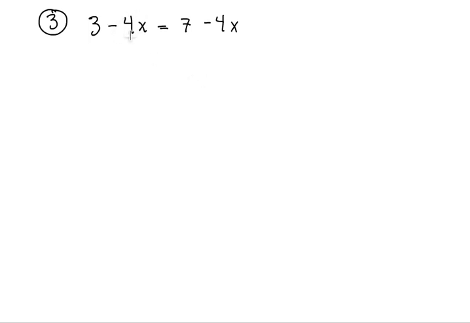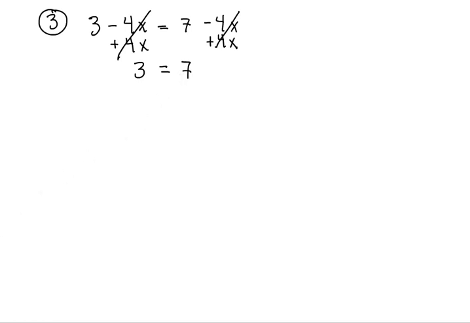So I want to move this negative 4x over to the other side with the other x. I'll just add 4x to both sides to zero that left-hand side. That one also zeroes out. So 3 plus 0 is 3. Bring down my equals right in the middle, and 7 plus 0 is 7.